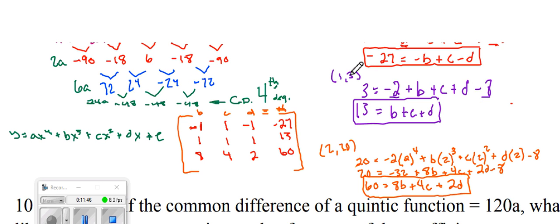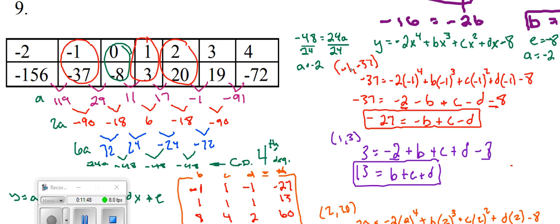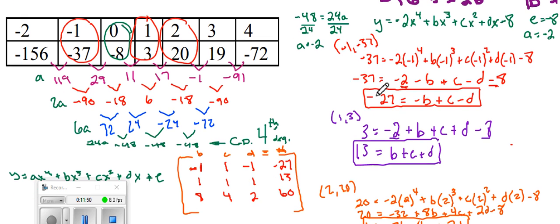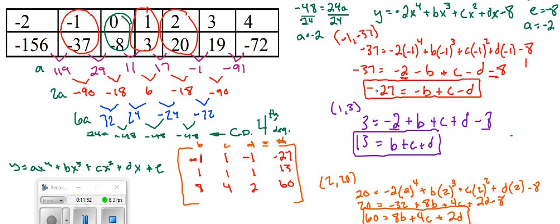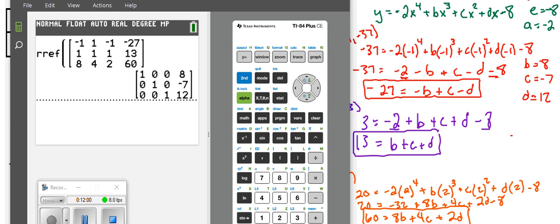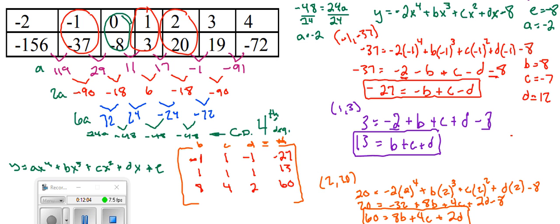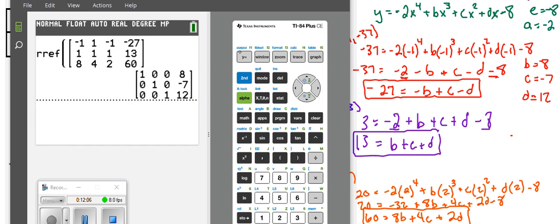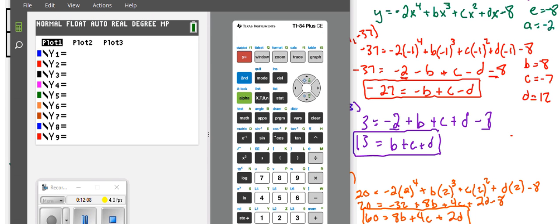So we'll go back up here. b is 8, c is -7, d is 12. Let me double check that. So I'm going to go to the y equals, and I'm going to type the equation right here.